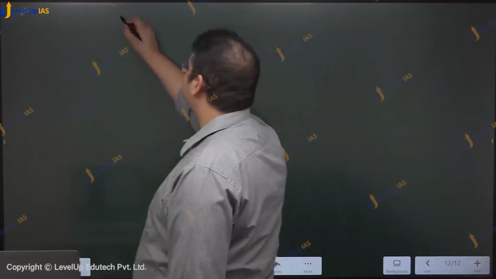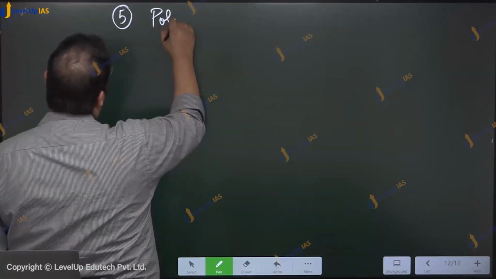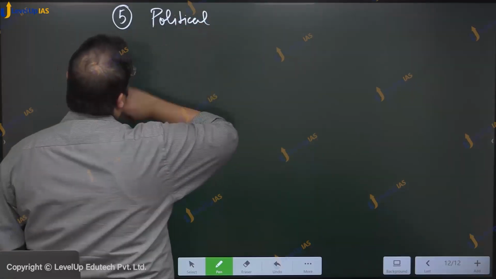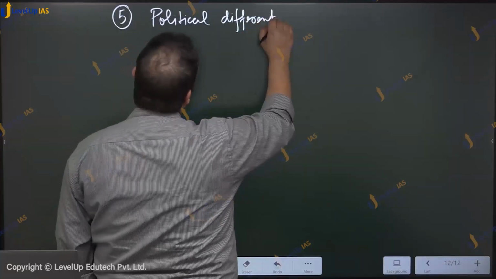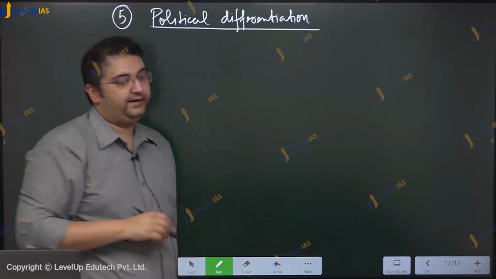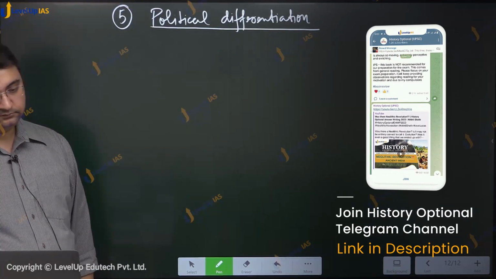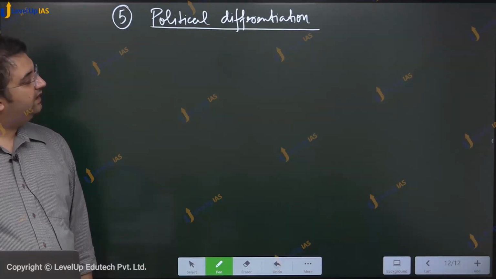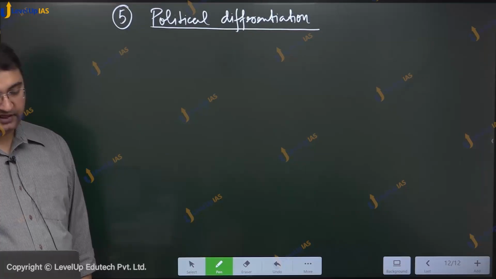नंबर 5, political differentiation is also reflected from the settlement pattern. How?